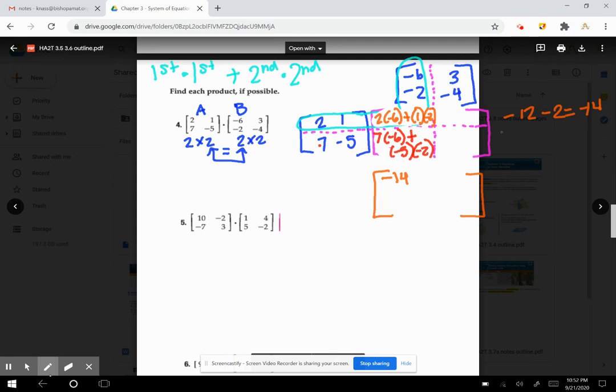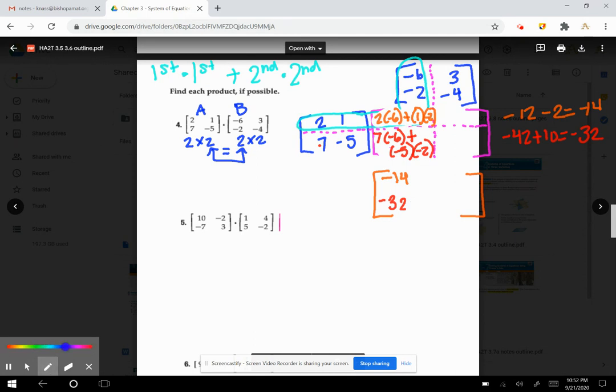This is -42 plus 10, which gets you -32. So we've completed the first column, basically.